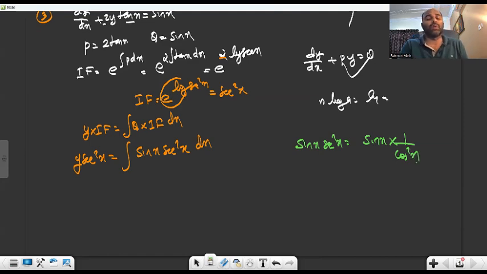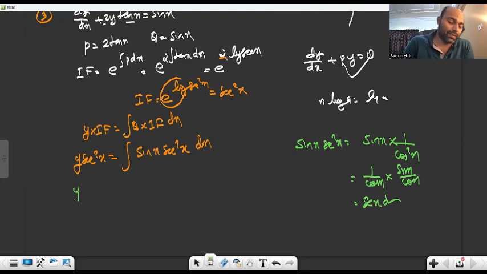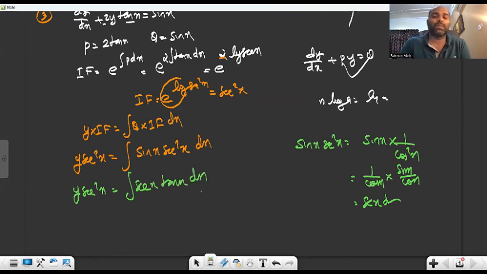In 10th standard, sec means 1 by cos. From here, 1 by cos into sin x by cos x. Practice everything today itself. This is sec x into tan x. So sin x into sec square x is sec x into tan x.